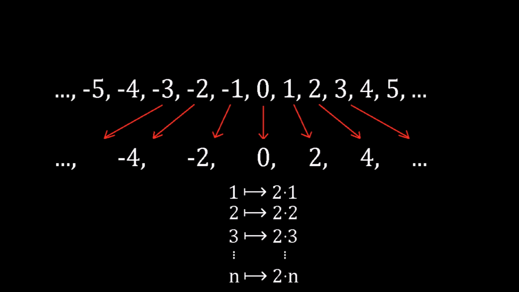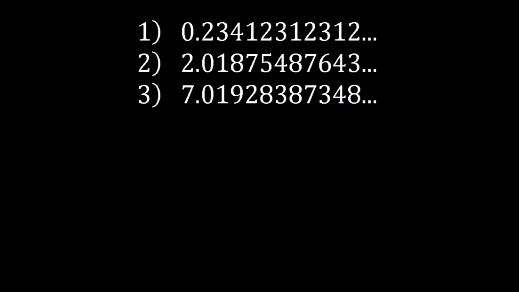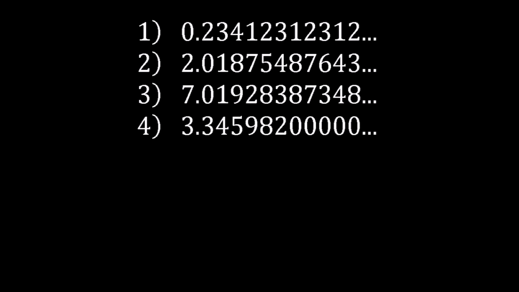I'm going to make a list of all the real numbers, being the numbers with decimals. This will show that there are as many real numbers as there are whole numbers, because that is the same as pairing the first real number with the whole number 1, pairing the second real number on my list with the whole number 2, et cetera.